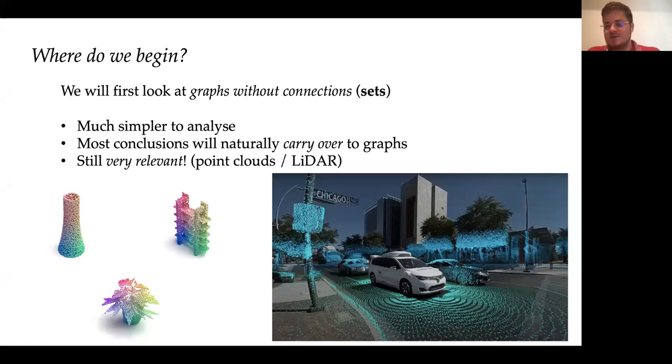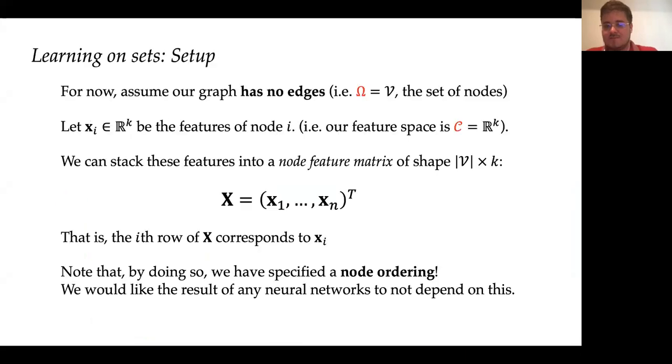So in order to decide how to act in a self-driving vehicle, you need to make sense of this massive collection of points and decide which of these points represent other traffic signals, which of them represent different cars, pedestrians, and so on and so forth, and then use all of this to drive decision making. So even if we completely stay within the realm of sets and don't introduce graphs, we're still solving a potentially very important problem.